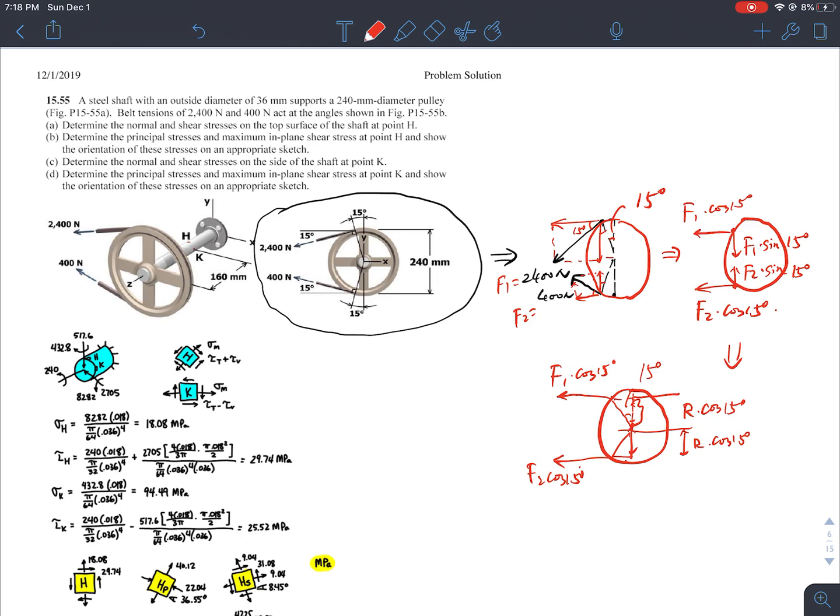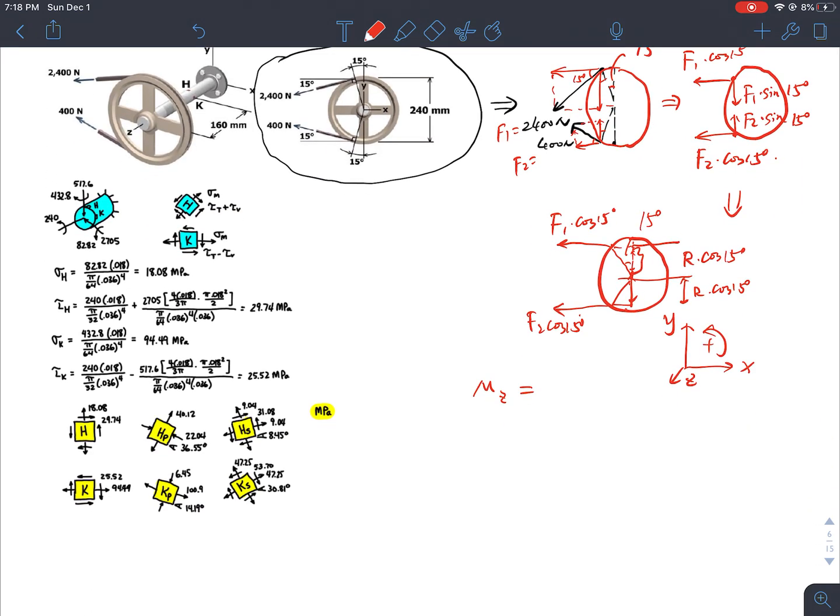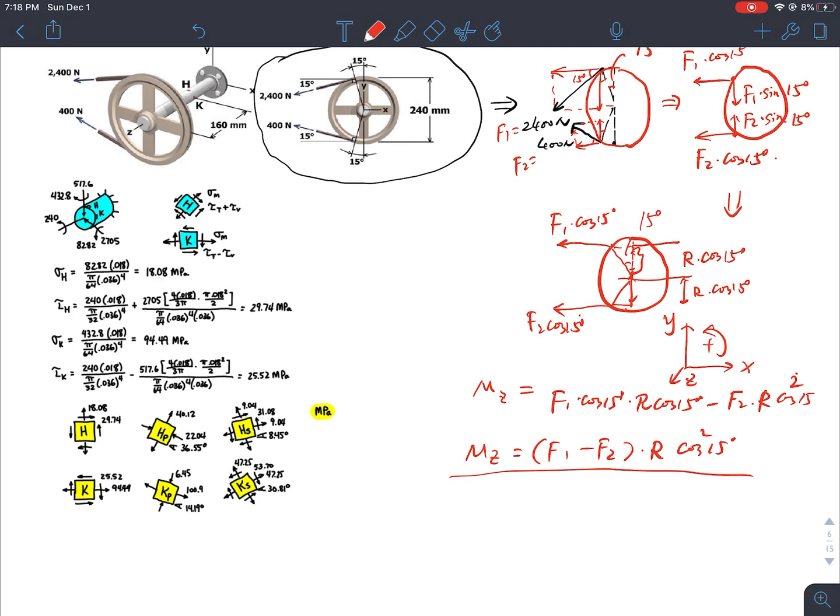If I set up the axis like this and make this positive, then my moment about the z-axis equals F1 cosine 15 degrees times r cosine 15 degrees minus F2 r cosine 15 degrees squared as well. So my moment equals (F1 minus F2) r cosine squared 15 degrees. This is the moment I have.